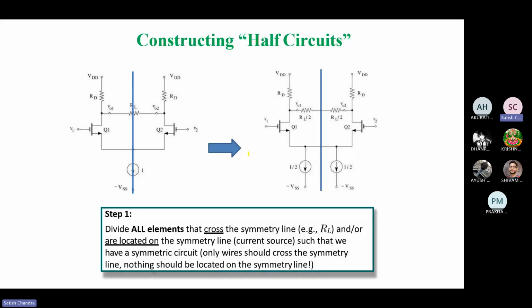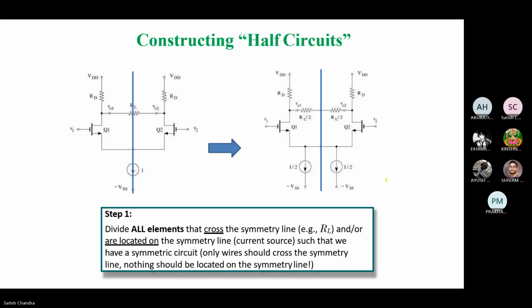In this way, we can generate a half circuit, again keeping in mind whether it is for the common mode or the differential mode. But we have seen that there is a difference when we are taking a resistance; here there won't be any kind of resistance, so it will be very easy to convert into a half circuit.